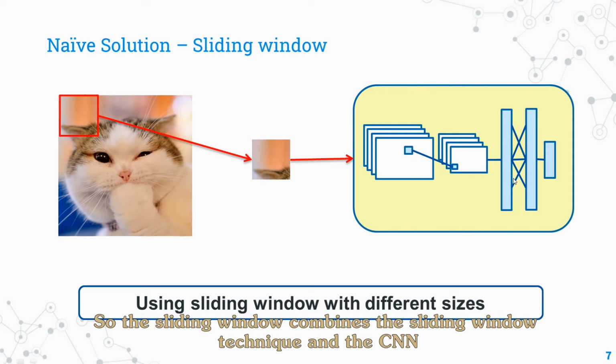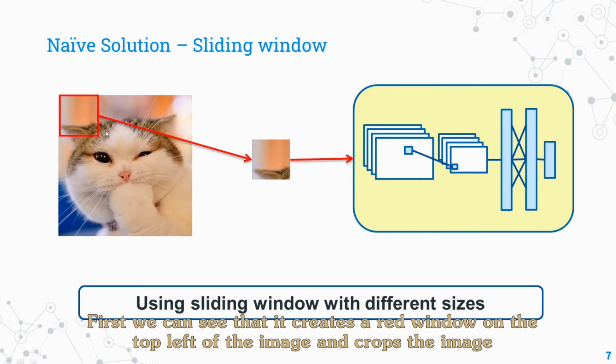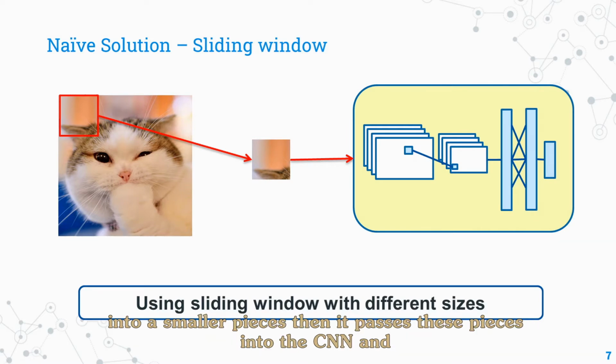So the sliding window combines the sliding window technique and the CNN to detect objects in the image. First, we can see that it creates a red window on the top left of the image, and it crops the image into a smaller piece.